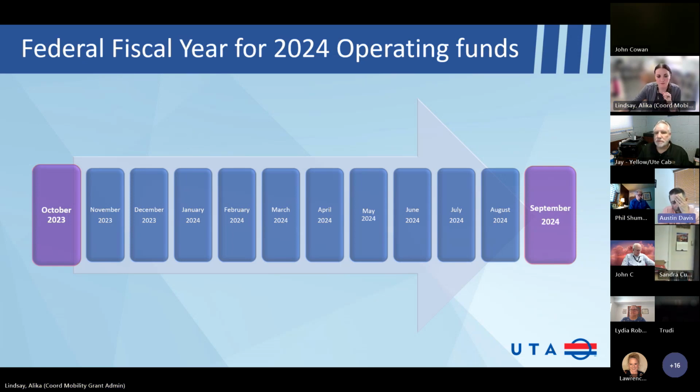Is that going to leave you guys underspent on all this money that you've got? And does that carry over? Or do you have any thoughts on that? FTA doesn't, no, we're not doing carryover anymore because FTA wants us to stick to our timelines. So it depends. If we don't get enough operating requests, that's okay because FTA prefers that we use the money on capital.